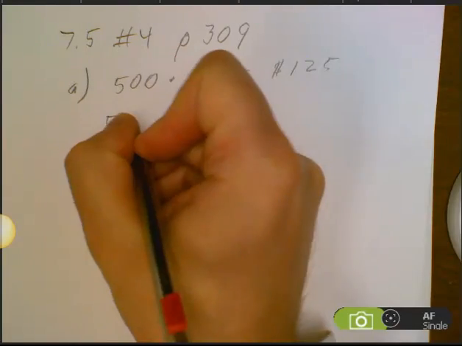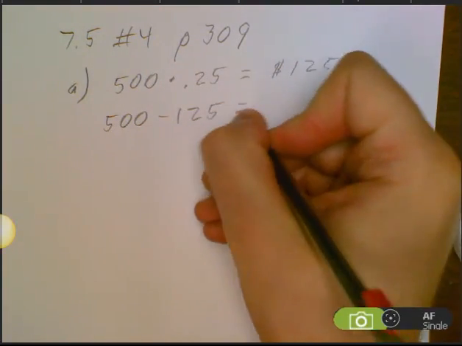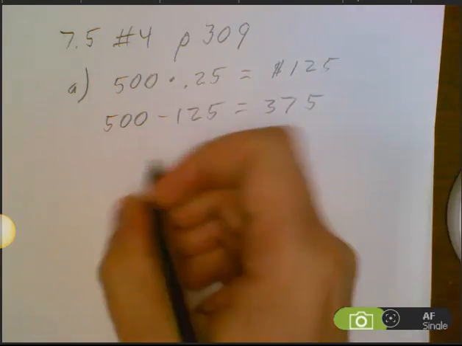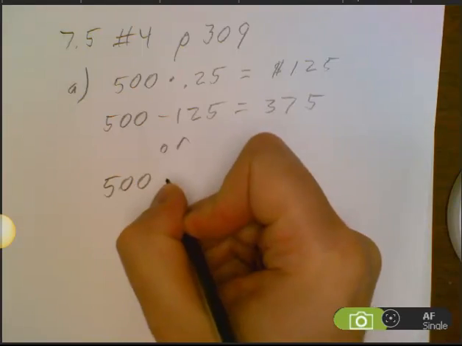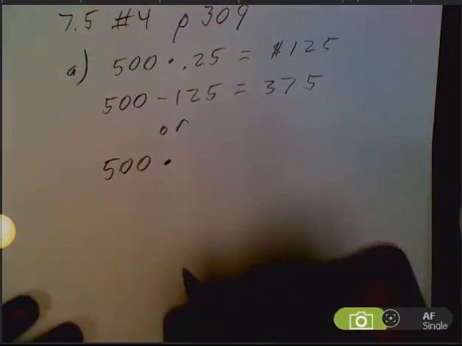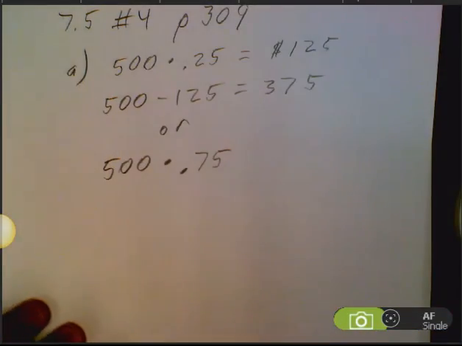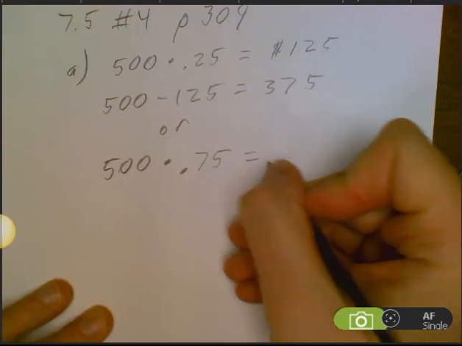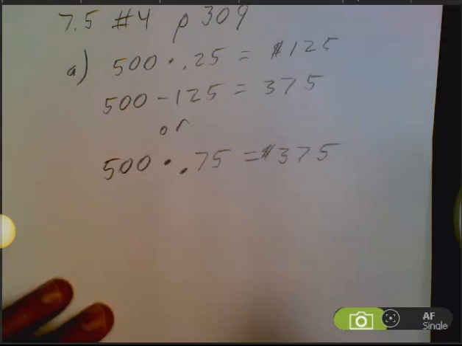And then 500 minus 125 equals 375. So that's the new price. Or, to make it easier, if it's marked down 25%, that means 75% will be remaining. And we know 75% is equal to 0.75, so we can get our answer directly like that. So the new price is $375.